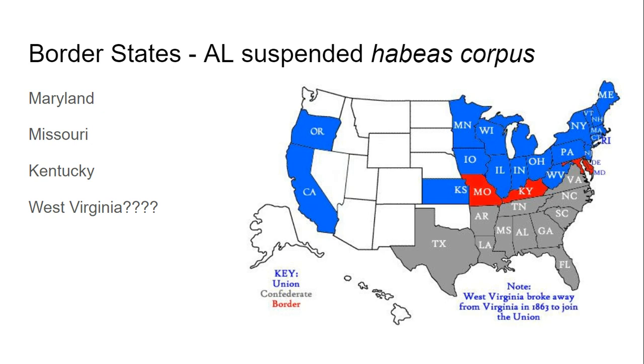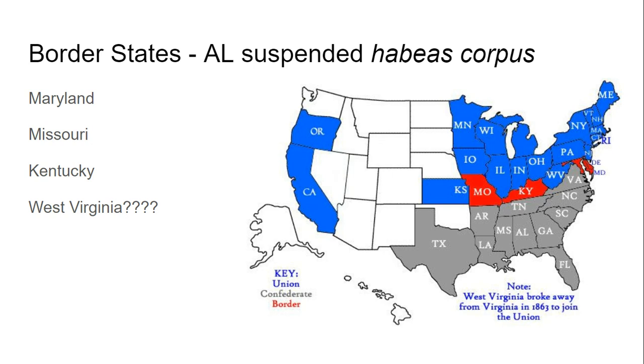And so he suspended the writ of habeas corpus, written up there at the top. Remember when we studied the Constitution, habeas corpus is a legal term which means a person has to be told what crime they are charged with. Well, Abraham Lincoln noted that one of the rules in the Constitution is that the writ of habeas corpus, the requirement for someone to be told what they're being charged with, can be suspended in times of rebellion.